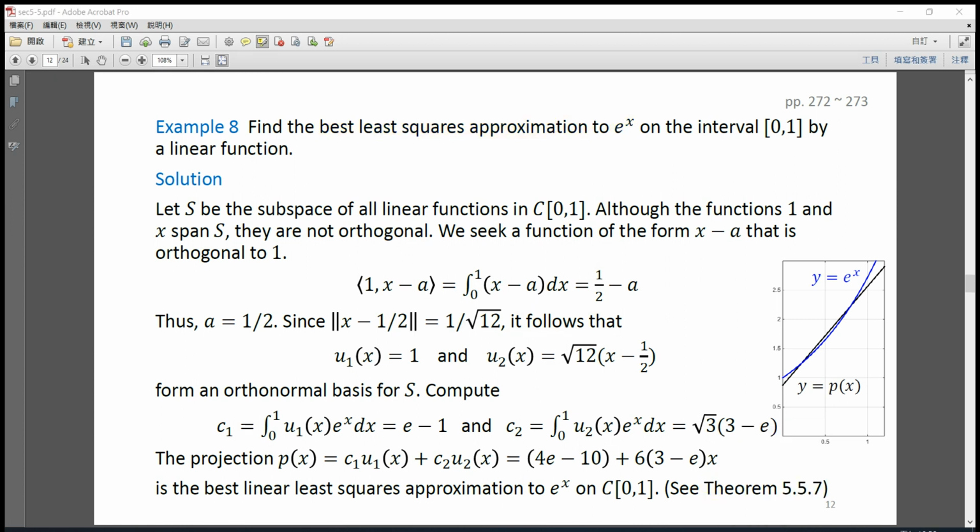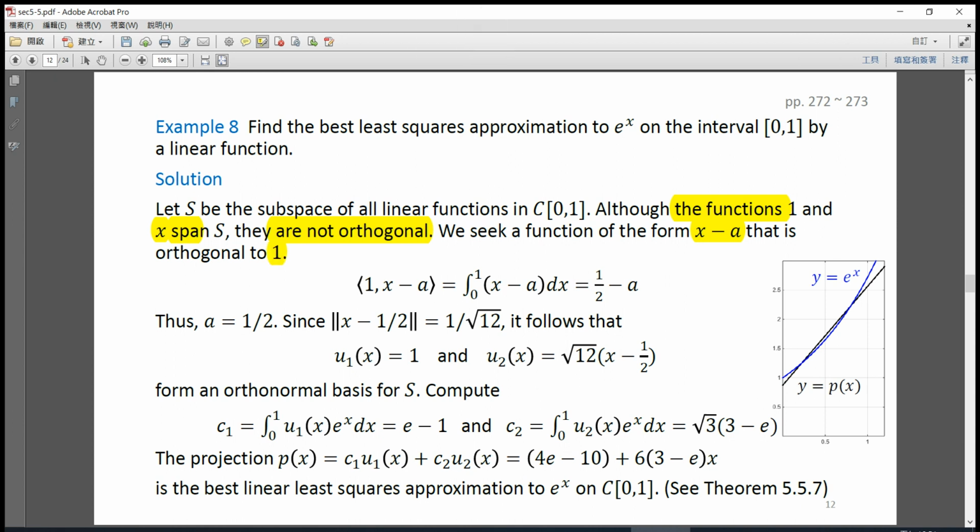Let S be the subspace of all linear functions in the interval from 0 to 1. First, we will construct an orthogonal set, and we know that the functions 1 and x span the subspace of linear functions, but the two functions are not orthogonal. To this end, we seek a function of the form x minus a that is orthogonal to 1.